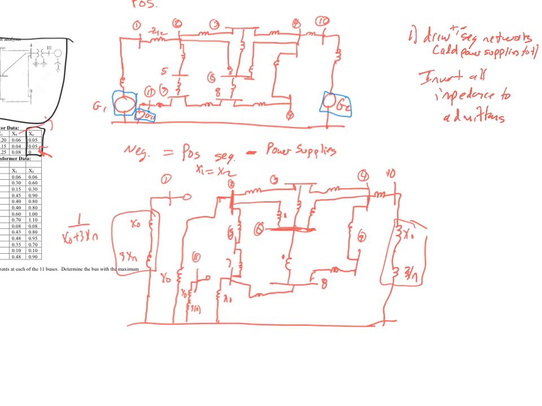That way we actually have it drawn correctly. For number 2, we're going to draw the 0 sequence with a keen eye, if you will, for grounding. So this is when I would highlight, use the transformer connection diagrams.